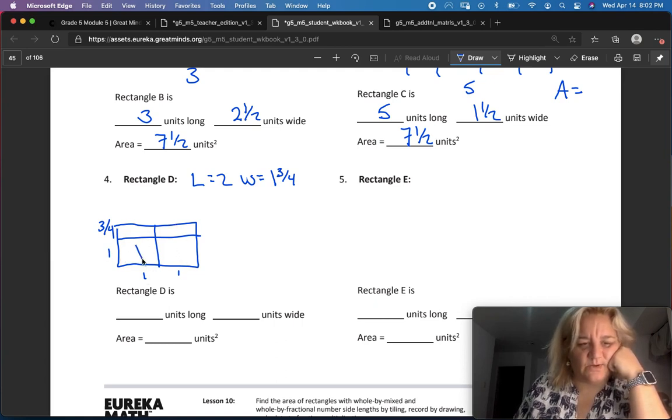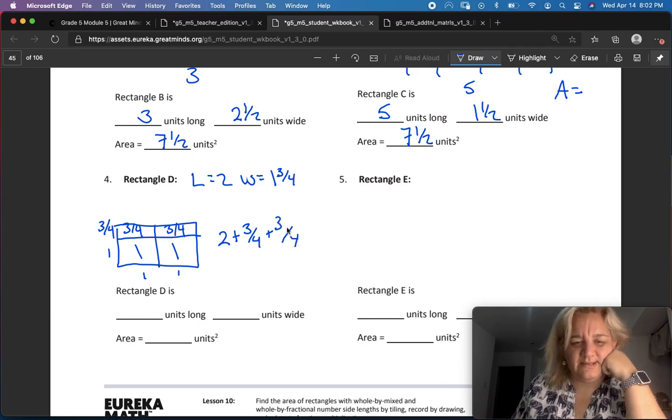1 times 1 is 1. 1 times 1 is 1. And then 3/4 times 1 is 3/4. And 3/4 times 1 is 3/4. So now I've got 1, 2 plus 3/4 plus 3/4. If I add that together, I have 6/4 because they have the same denominator.